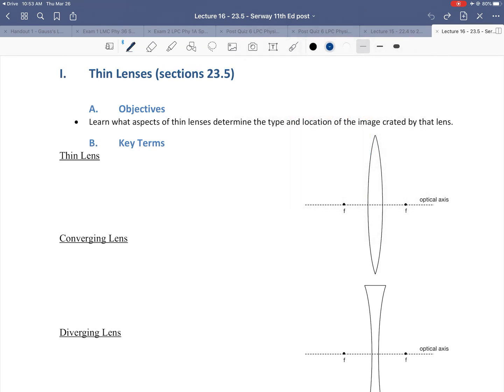So first, though, let's get one of the key ideas of the thin lens out of the way, and that's why we call it thin. A thin lens is a simplified lens where the thickness is assumed to be negligible.